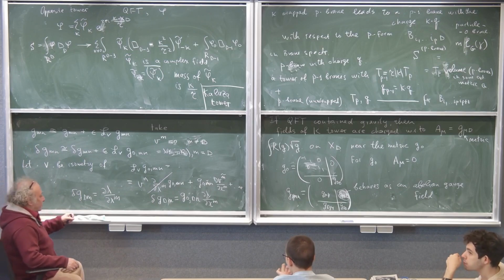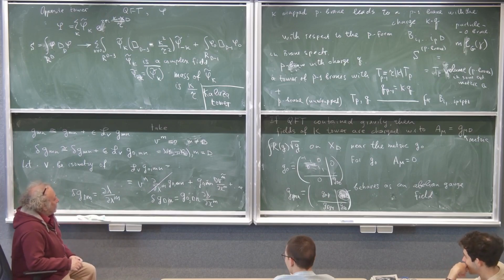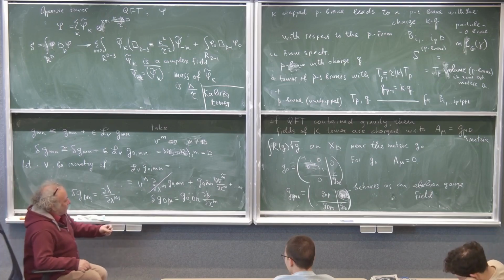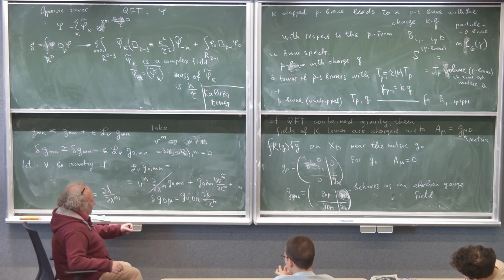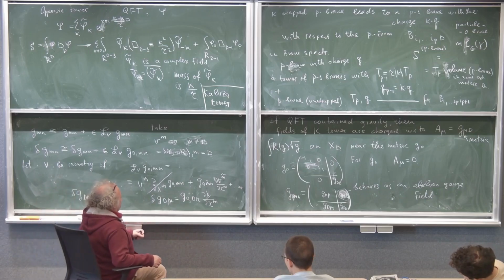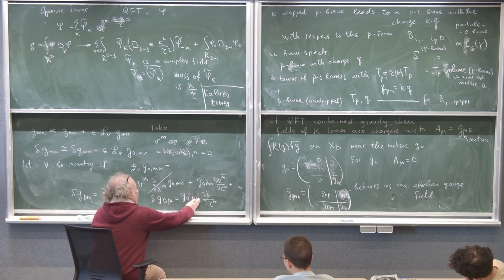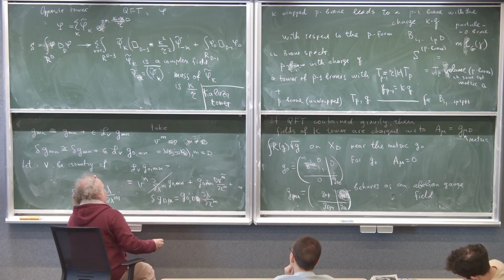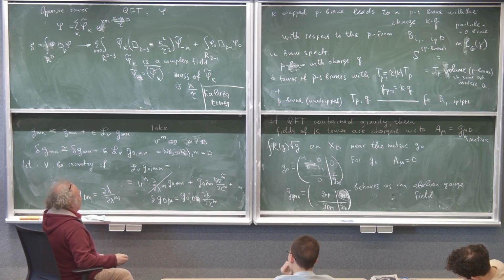No, it should be g0 dt. Yeah, because if n is less than d, then those components of g naught are 0. Yes, yes, sorry. So that's why the variation of g dm is like d lambda over dx^m.